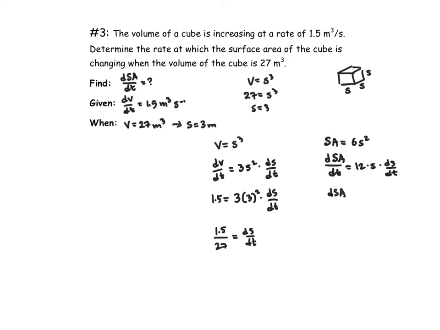So the change in the surface area with respect to time would be 12 times s, which is 3, times ds/dt, which is 1.5 over 27. Now if we reduce this, it's actually quite awesome. This comes out to be exactly 2 meters squared per second. Absolutely sweet.